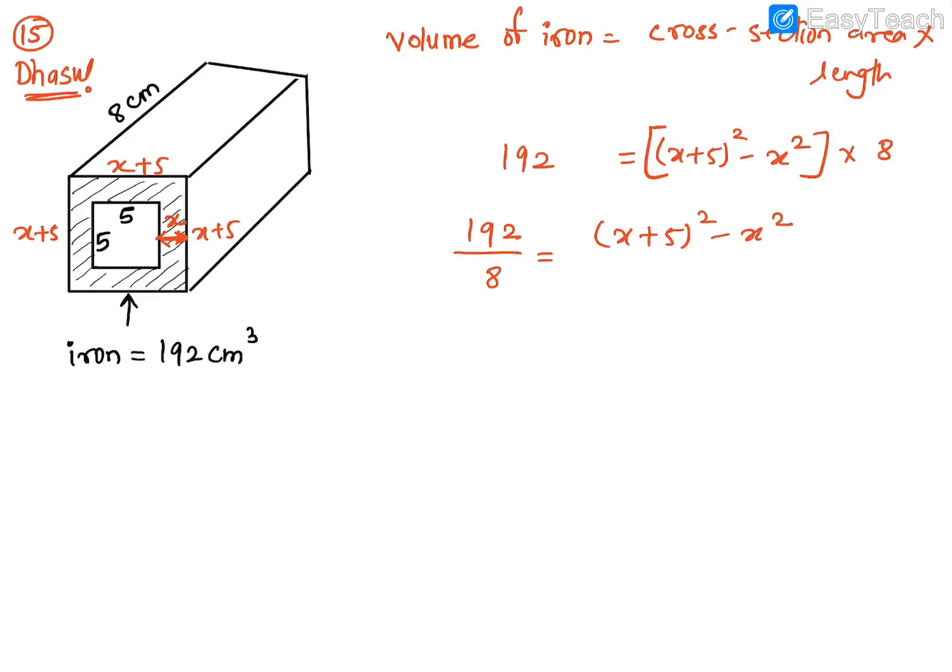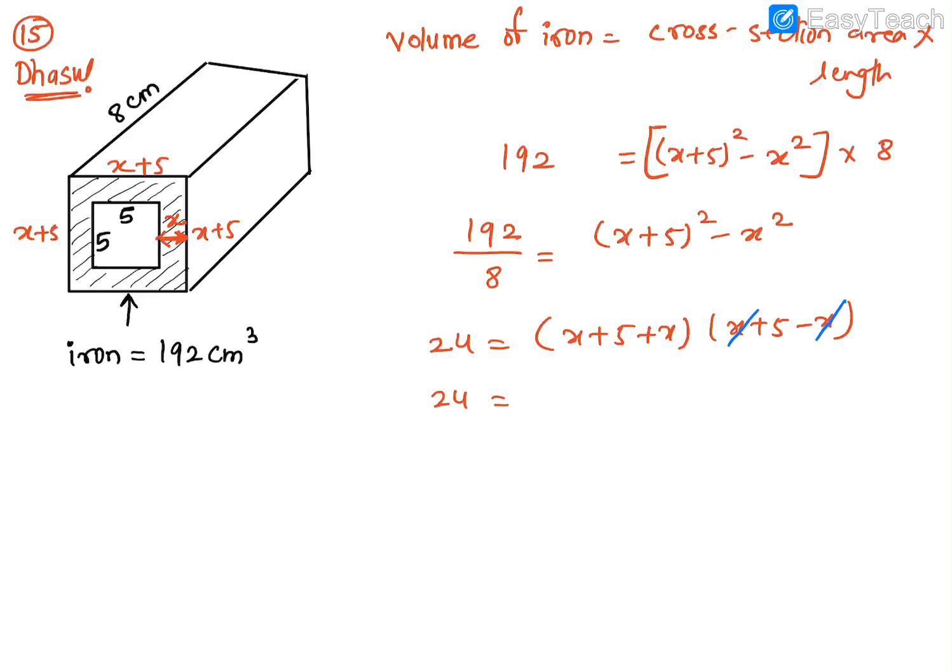Now 192 upon 8, so 8 2s are 16, 32, 8 4s are 32. What will this become? A plus b, and then again this will be a minus b. So 24 is equal to, what all can we cancel here now? Minus x gets cancelled. So we are left with only 5.